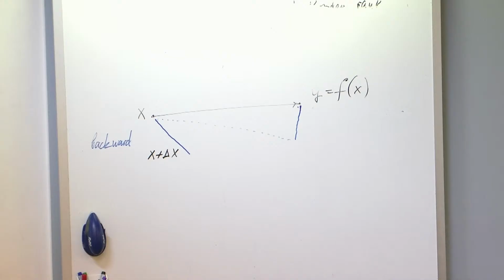Maybe we'll have y hat, and f of x plus delta x. So that could be your situation as well. But again, in the usual backward error scenario, we do want to find some delta x so that x plus delta x will be precisely equal to y hat. So I could draw all three if you'd like.